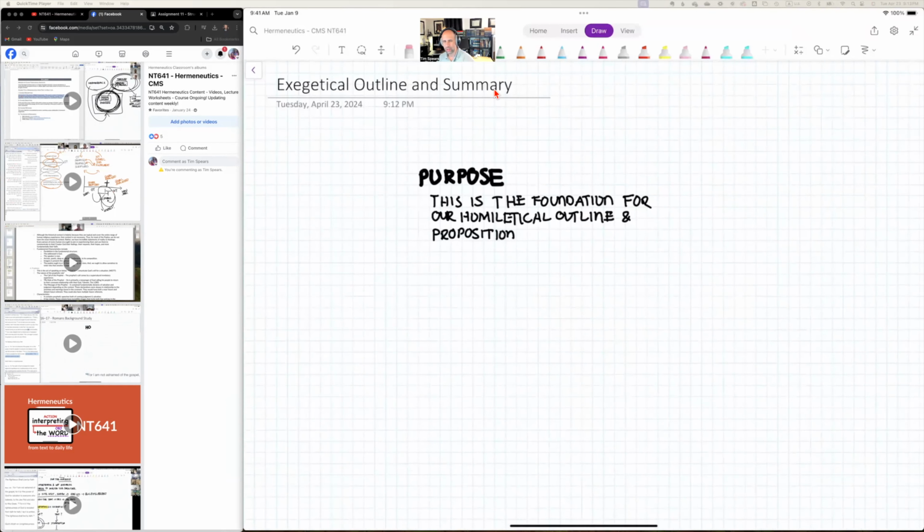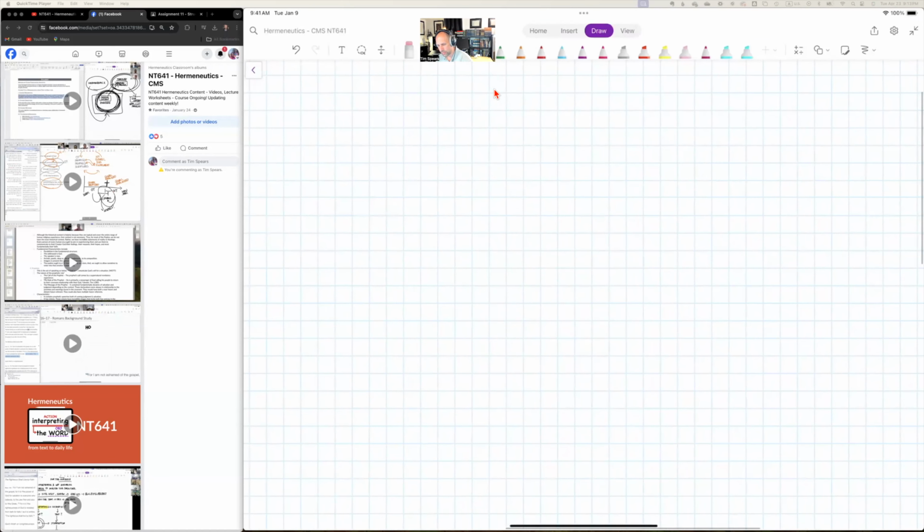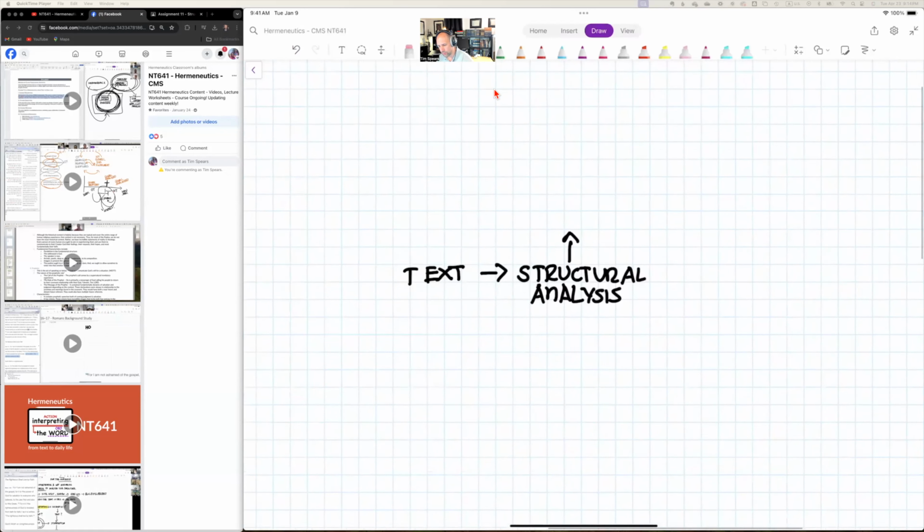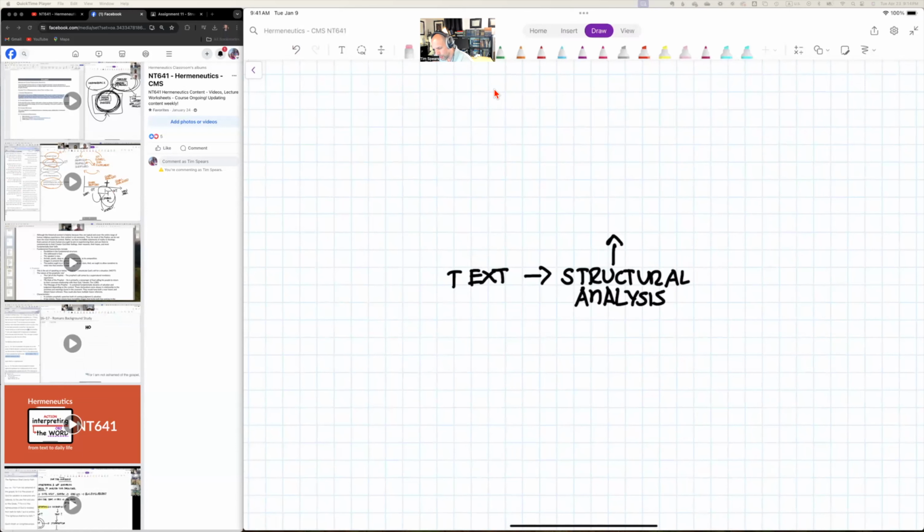Just imagine here we have the text, and from the text we form a structural analysis. The structural analysis is then the foundation for our exegetical outline and summary.